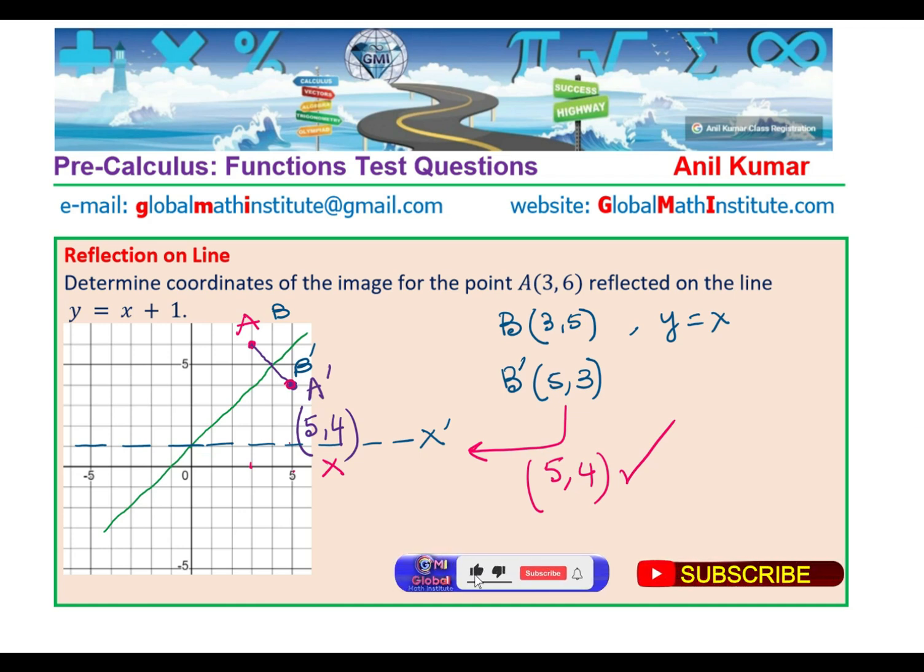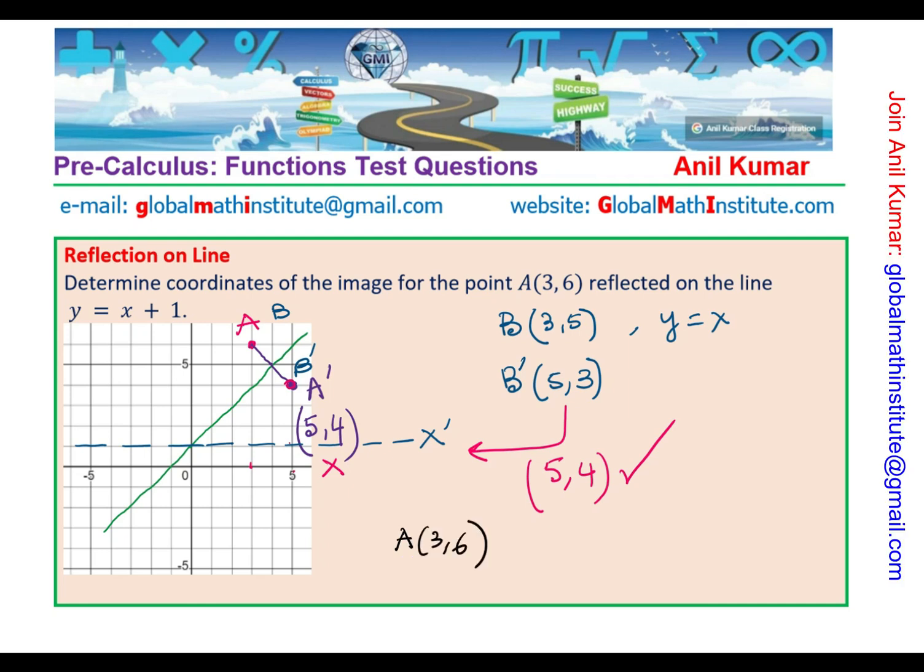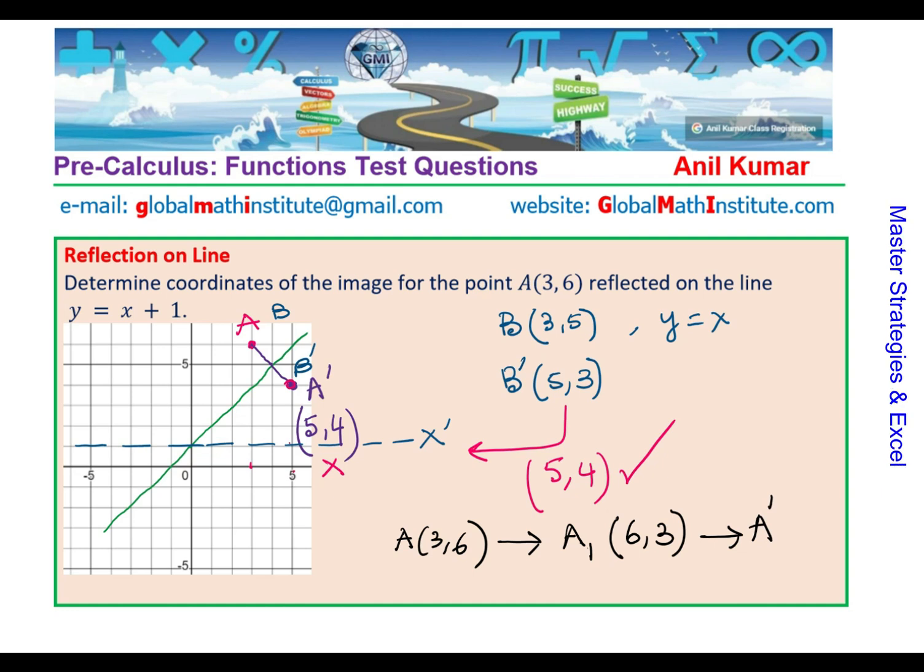Now, if I have to generalize the result, what should I do? Clearly, we began with point A, which was (3, 6). In step 1, we could have come to another point by just swapping, so let's call it A1, and if you swap, it is (6, 3). However, the answer which we need for the image is indeed (5, 4).